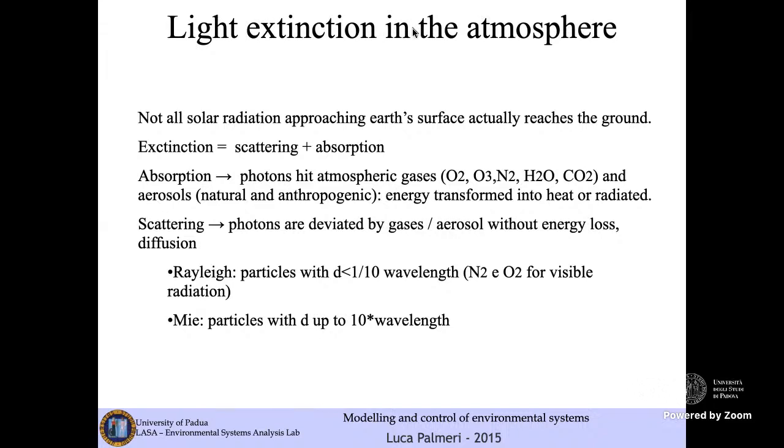The first is Rayleigh scattering, where we consider particles which have a diameter that is 1/10 of a wavelength. This is typical, for example, for atmospheric nitrogen or oxygen with visible radiation. So for visible radiation and particles with the dimension of atmospheric nitrogen or oxygen, they are subject to Rayleigh scattering.